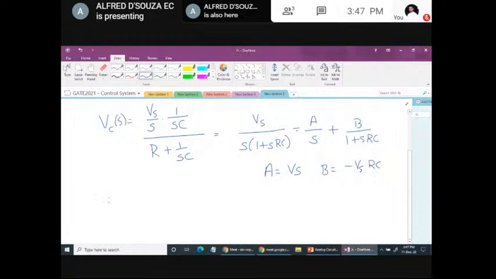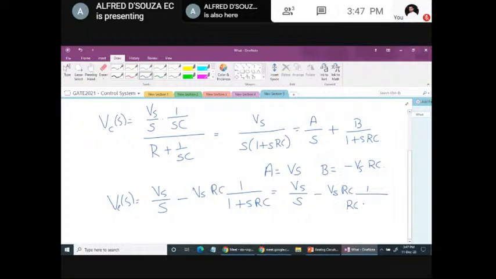So if I substitute, Vc of S is Vs by S minus Vs RC divided by (1 plus SRC). To take the inverse Laplace transform, I'll take RC forcefully common in the denominator, so I get S plus 1 by RC, and this RC gets cancelled.